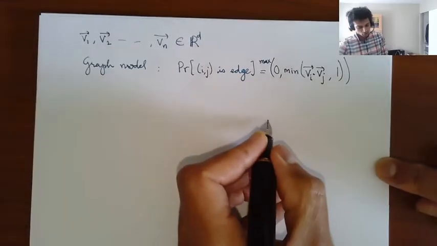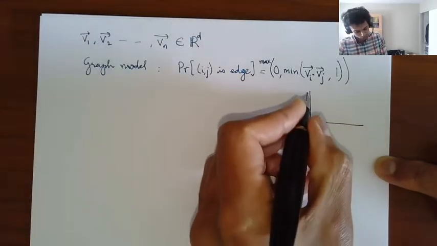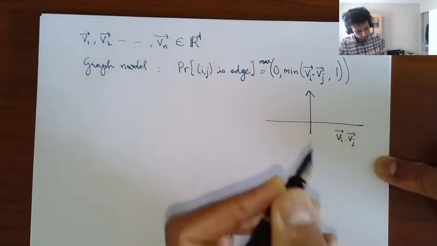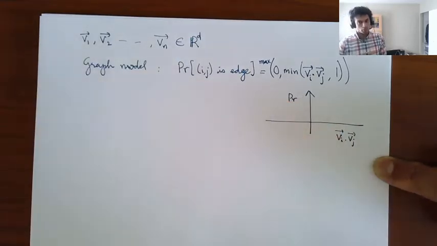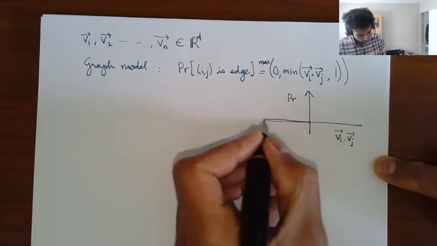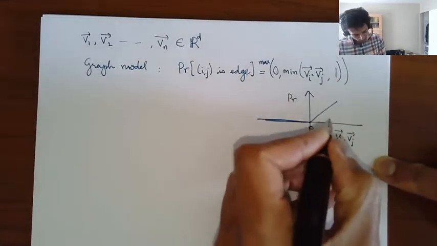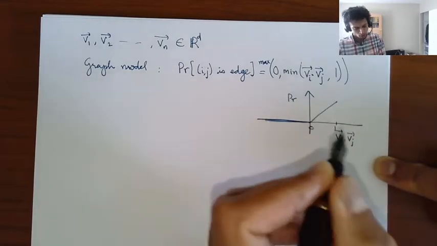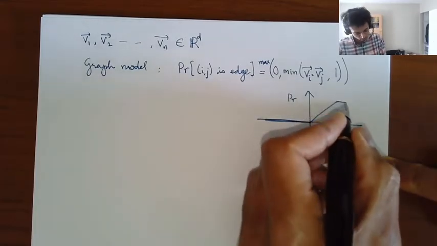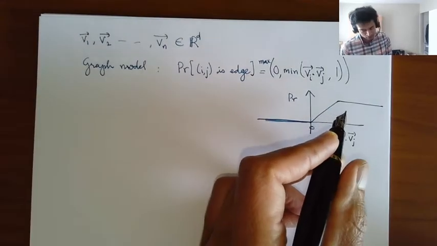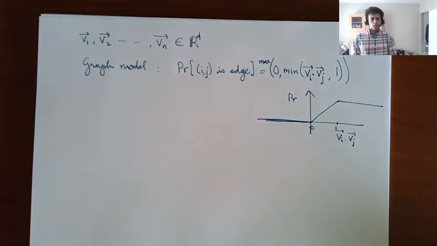Pictorially, if I plot the value of vi dot vj here, and this is the probability of an edge, if it's negative, I set it to be 0. Between 0 and 1, I set it to be equal to the value, and then after that I cap it off at 1. You could imagine smoother versions of this, but this is what we will have for the theorem.